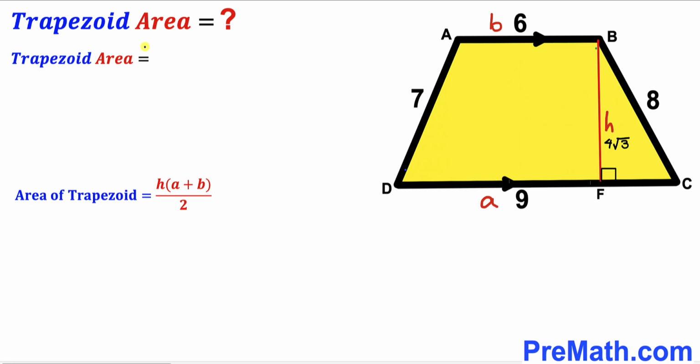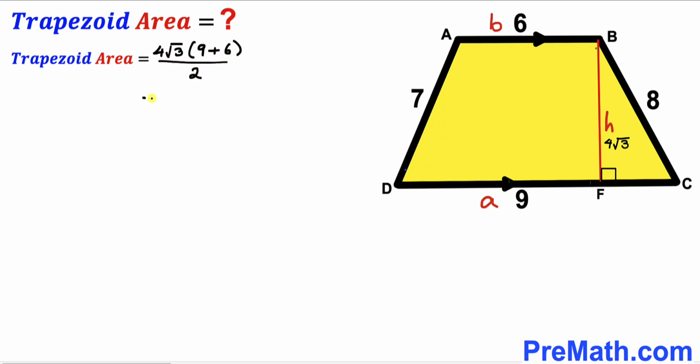So our yellow trapezoid area is going to be 4 times the square root of 3 times 9 plus 6 all over 2. Let's simplify furthermore. We are going to have 4 times the square root of 3 times 15 all over 2.